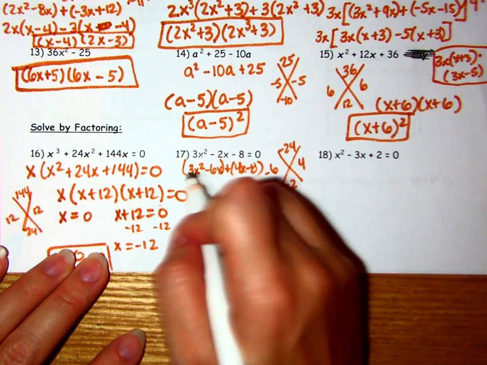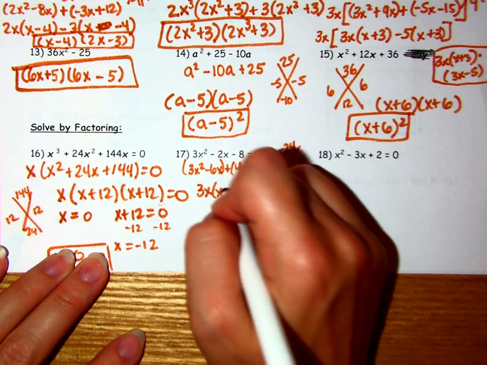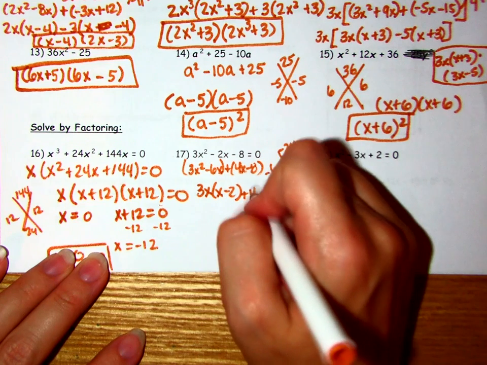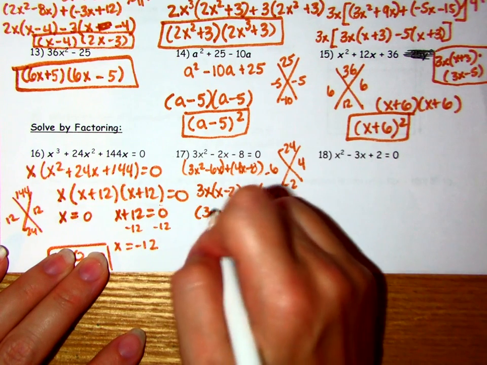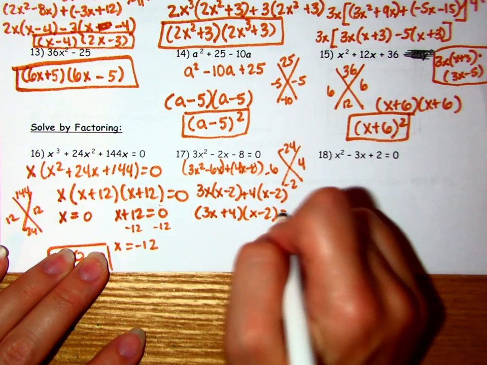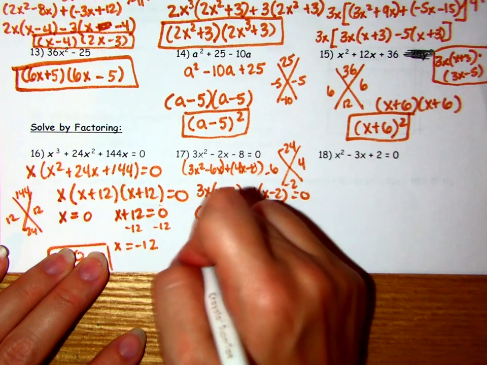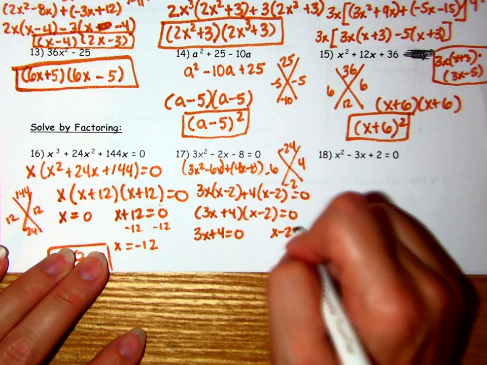So the GCF I can pull out of both of these would be a 3x. 3x times x minus 2 would give me that one. And the GCF out of here would be 4, so 4 times x minus 2. So the two factors I get are 3x plus 4, and then I get x minus 2, and those should equal 0. So now let's set these equal. 3x plus 4 equals 0, and x minus 2 equals 0.